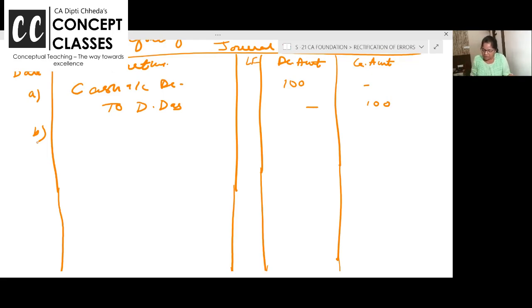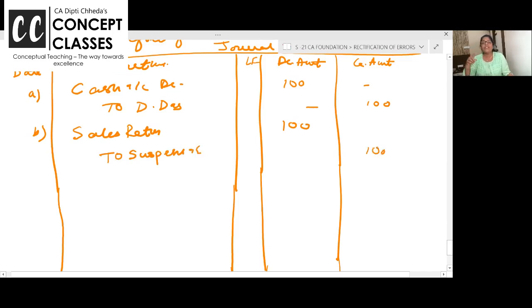Return inward is what? Sales return. What is the nature of sales return? Debit. It has been undercast, meaning the sales return total is less by 100. So you debit it and credit will be through suspense account.